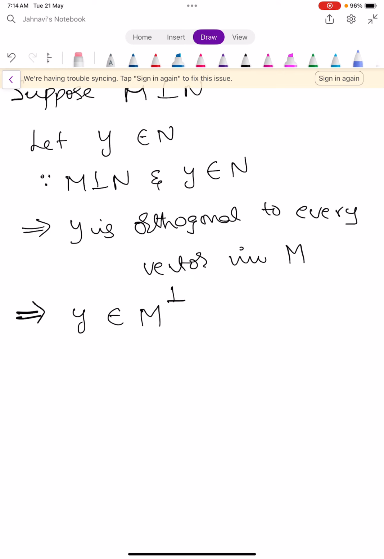Therefore, we chose Y belongs to N and proved that Y belongs to M perpendicular. This implies that N is a subset of M perpendicular.